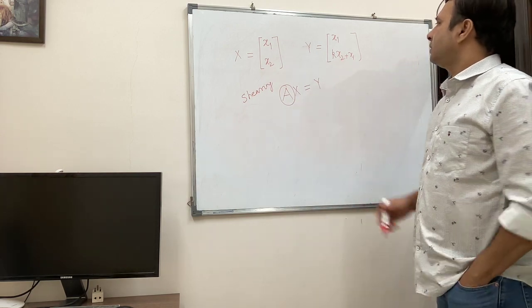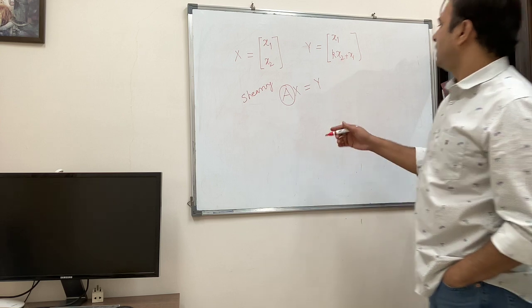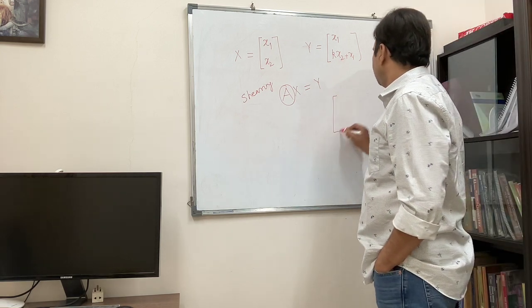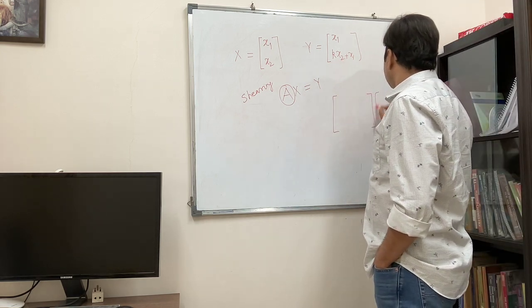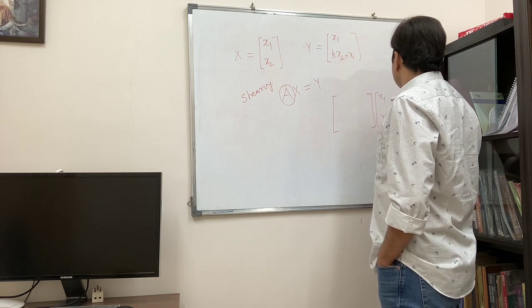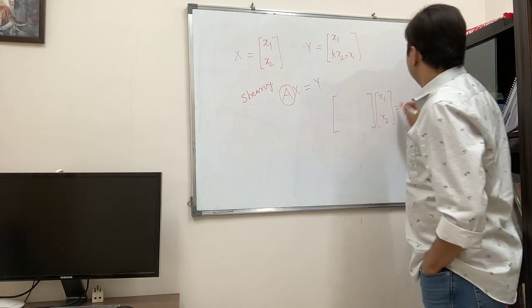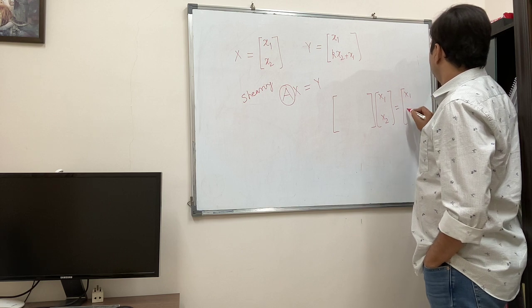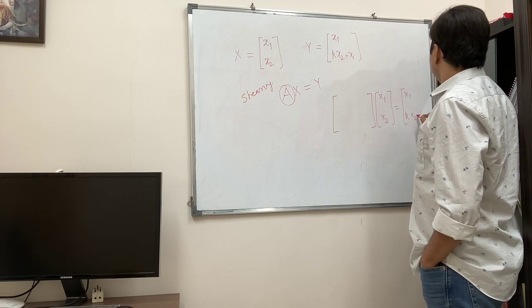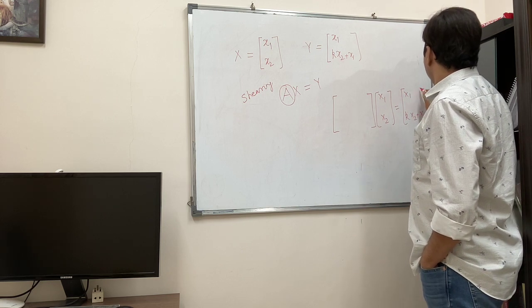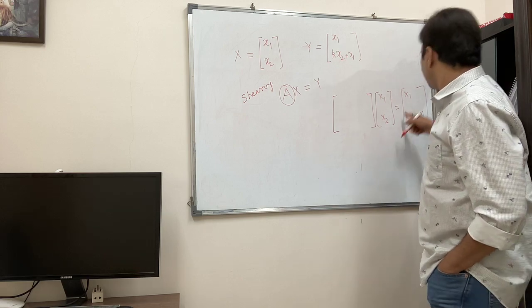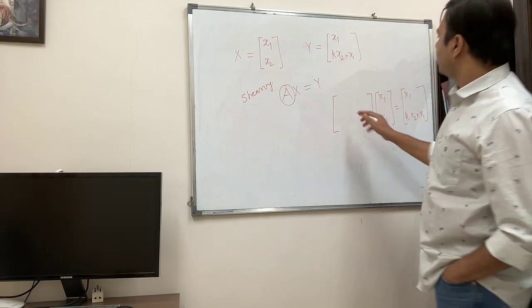So what can this A be? If you want to take a guess, what should this A be, so that we get x1 and kx2 plus x1? It can be the other way around as well, x2 plus kx1.